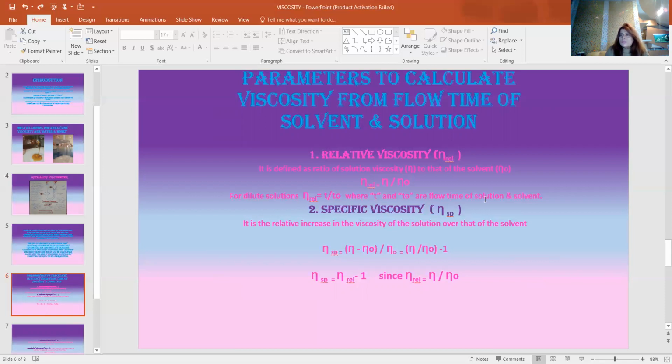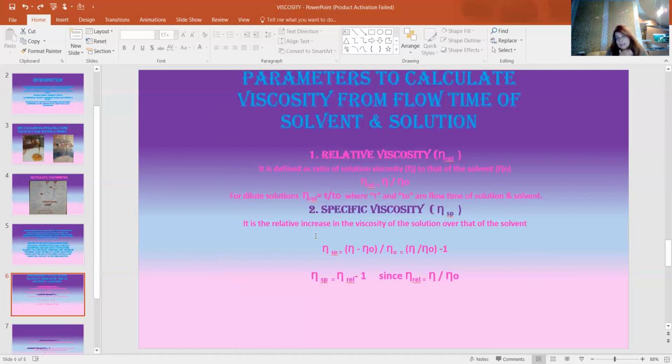Okay, this was a brief knowledge about relative viscosity, one of the parameters we are discussing today. Let's discuss the other one, the specific viscosity. It is denoted by eta specific. You can see here eta specific. It is the relative increase in the viscosity of the solution over that of the solvent.